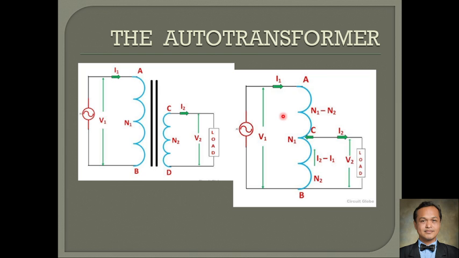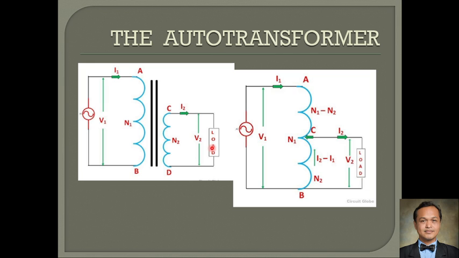transformer. Now, when it comes to the current, as you can see in the figure, the current for the auto transformer is now being subtracted, or there's a difference between the currents. So the current that's supposed to be I2 for the transformer, in the auto transformer, is the resultant between the two, I2 minus I1.